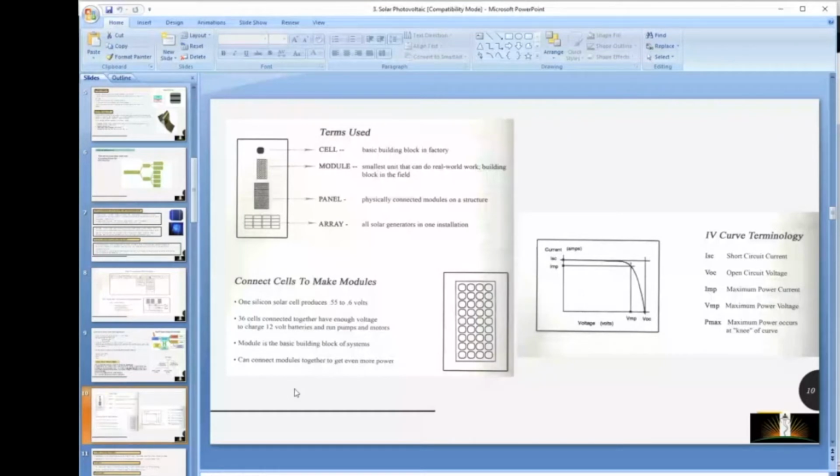Whenever we are using it for generating electricity, this is the current and voltage it generally generates. Pmax is nothing but the multiplication of IMP and VMP. If you take any solar module IV curve from the internet, you can see that multiplying IMP and VMP gives Pmax.